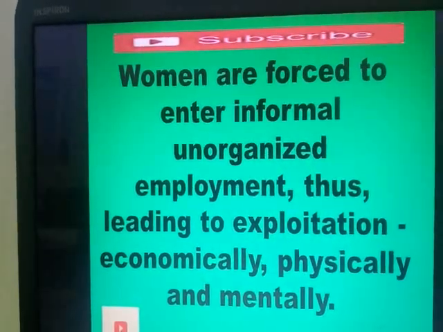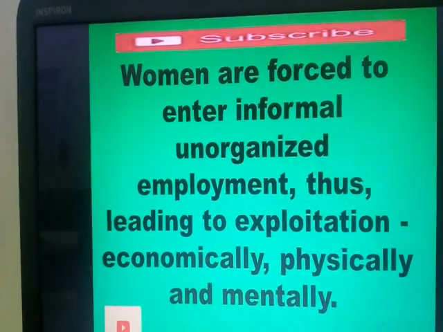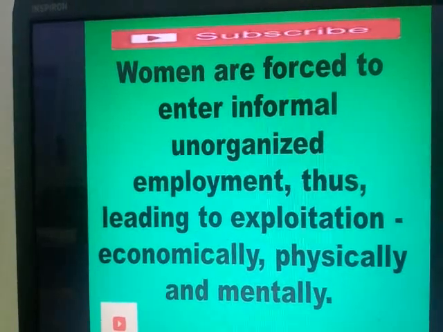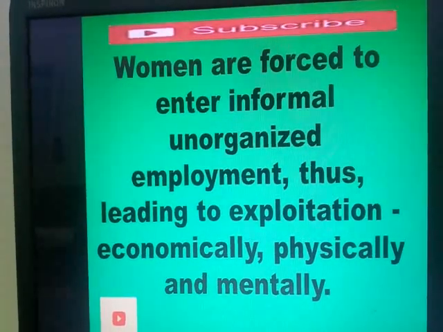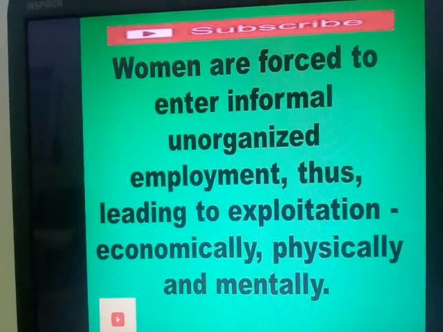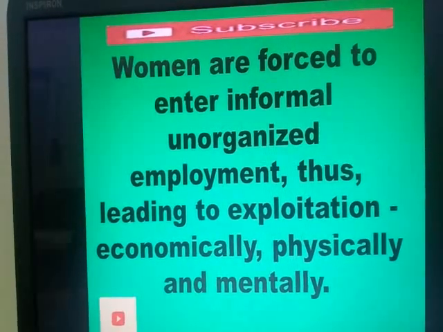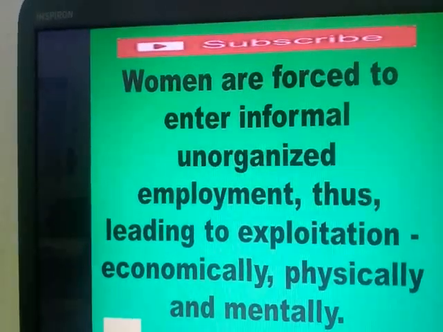Women are forced to enter informal, unorganized employment, thus leading to exploitation economically, physically, and mentally.